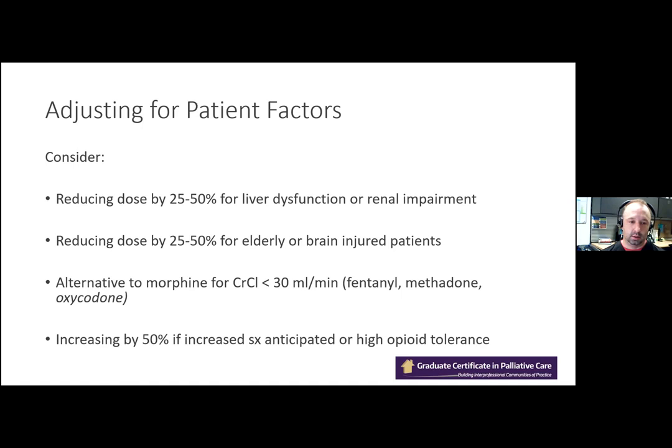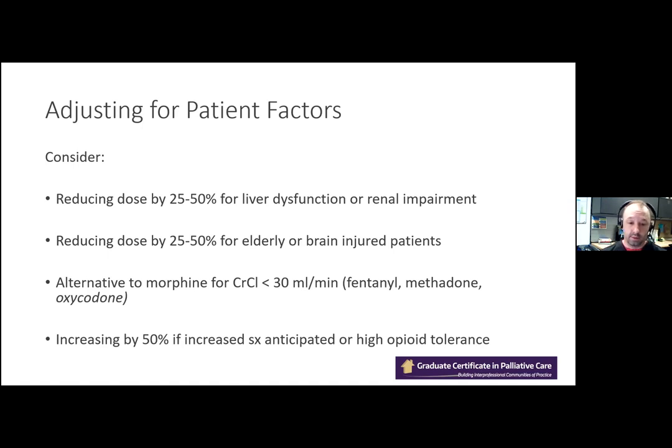And so in a patient who, it's not that anyone with any degree of kidney dysfunction shouldn't get morphine, but you should really think about using alternative for a patient whose creatinine clearance is less than 30 mils per minute.